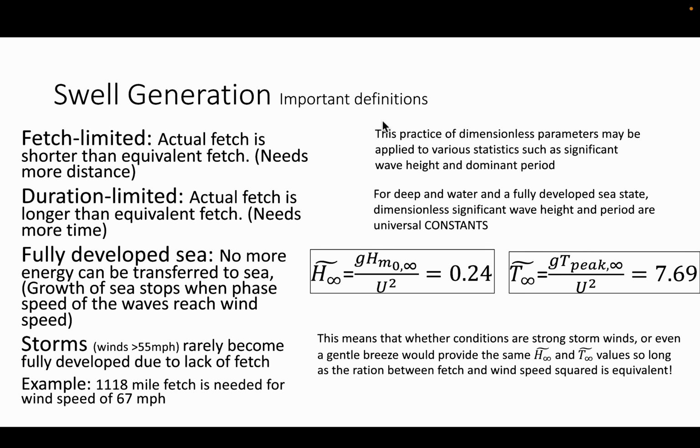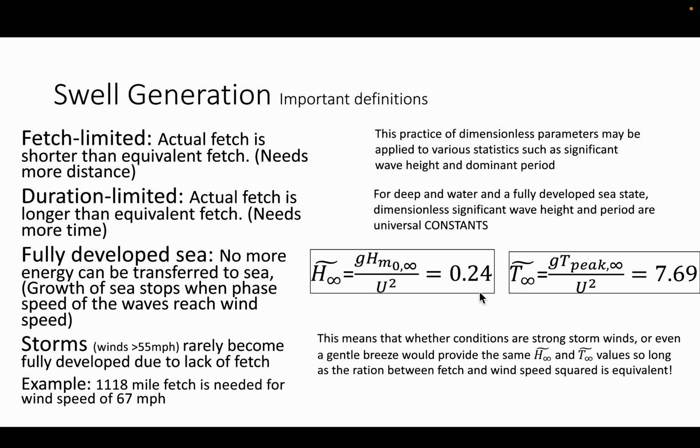Moving over to this side, the practice of dimensionless parameters may be applied to various statistics, such as significant wave height and dominant period. In that case, for deep water and a fully developed sea state, dimensionless significant wave height and period are universal constants.